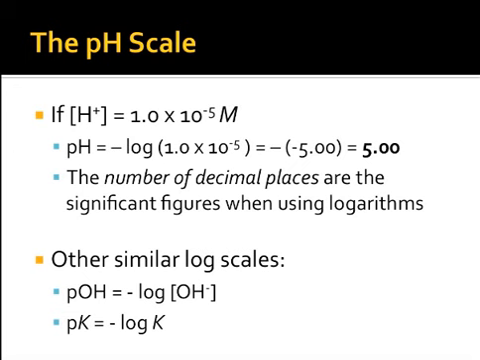When dealing with logarithms, the number of decimal places is the number of significant figures, so this pH has two significant figures, as it should based on the concentration it was calculated from. pH isn't the only log-based scale. pOH is the negative log of the hydroxide ion concentration, and pK is the negative log of the equilibrium constant.